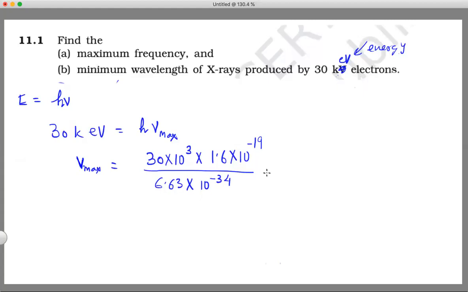Usually the calculations are a little bit long in this chapter, right?